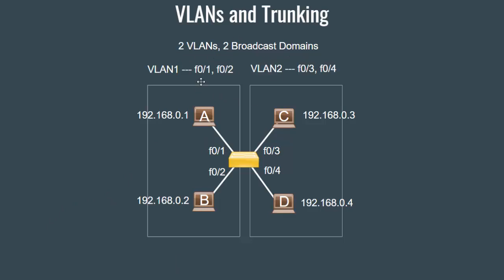We've put ports F0/1 and F0/2 in VLAN 1, and we've put ports F0/3 and F0/4 in VLAN 2. Now notice both devices can still have their same IP addressing with a network prefix of 192.168.0, and you can see these two devices have the same. However, they're in separate networks now.